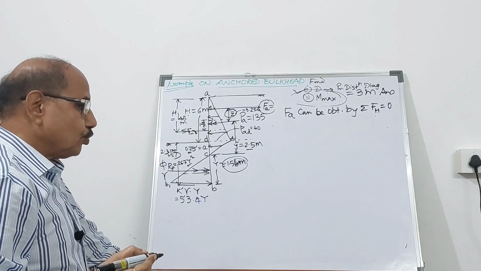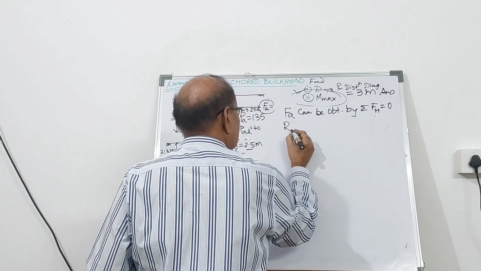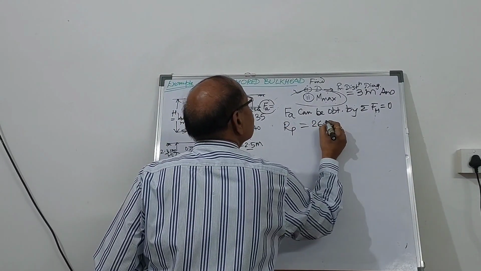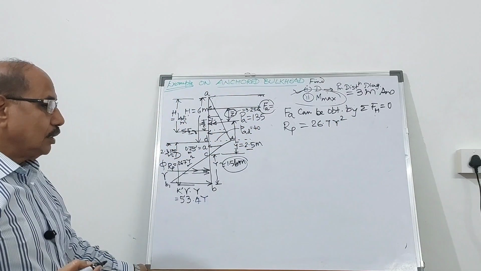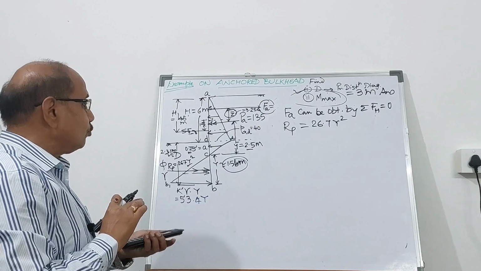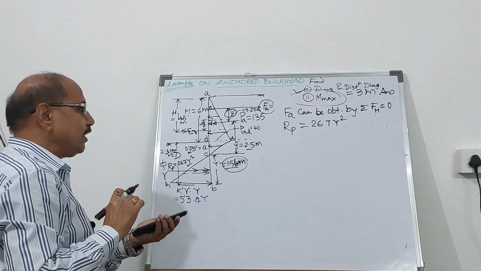Now RP is known to me. RP is given by 26.7 y square. Y is already known to you, so you just substitute it in the equation. The value of y, which you have found out, is 1.56 meter.